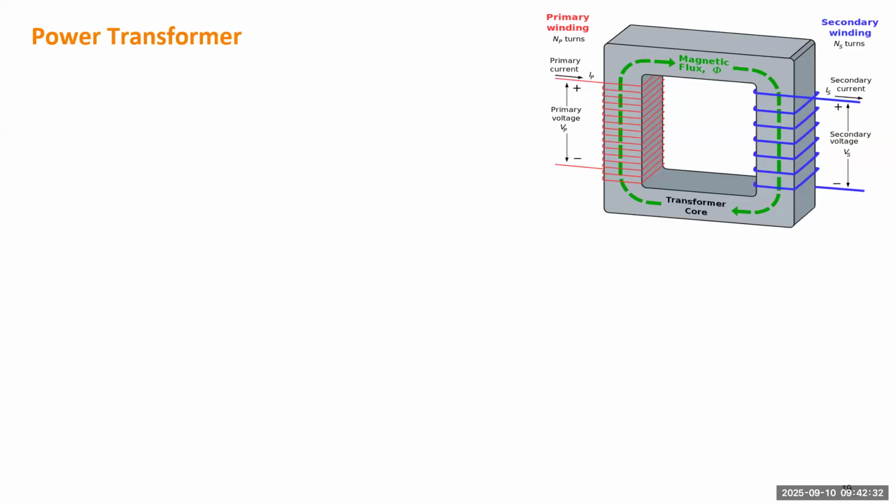So we have a number of things to model if the transformer is not ideal. If it is an ideal transformer, we know the ratio of the primary side voltage to the secondary side voltage is basically equal to the ratio of the number of turns. So that's very simple. But if it's not an ideal transformer, we need to model many things, such as the leakage of the flux, because there could be some flux not staying inside of this core, so it can leave the transformer.